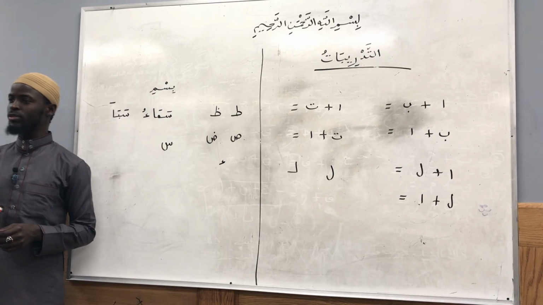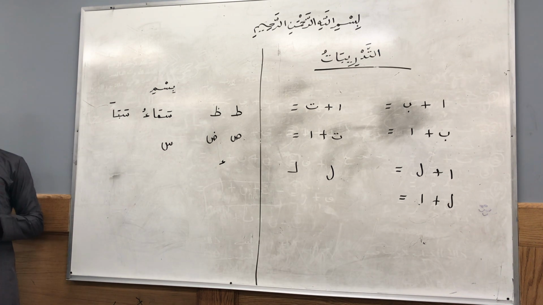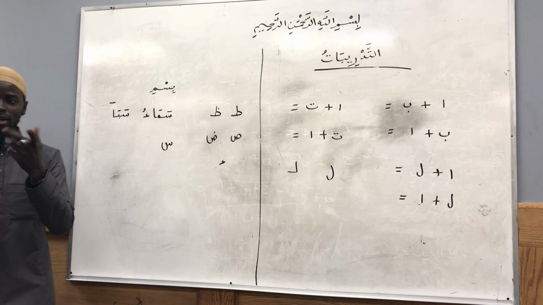Right. Now, if I took off the hamza, how are you going to read it? If I took off the hamza, how are you going to read this? Saba'a. Why am I going to read it saba'a?